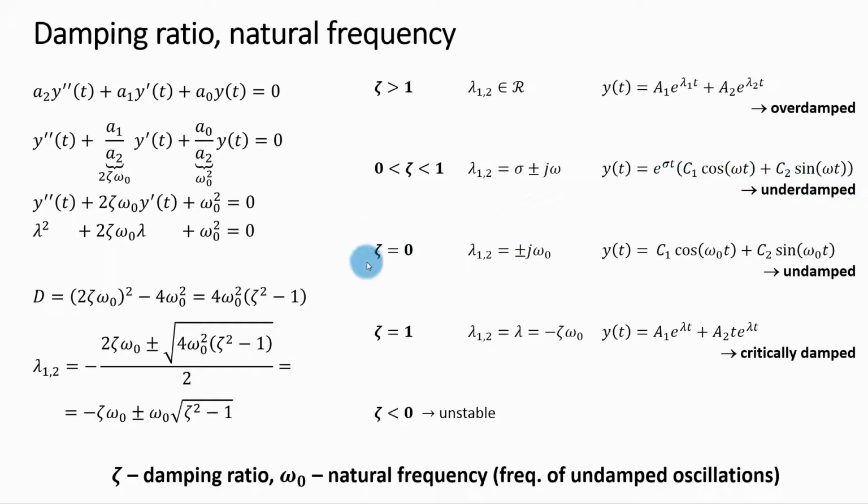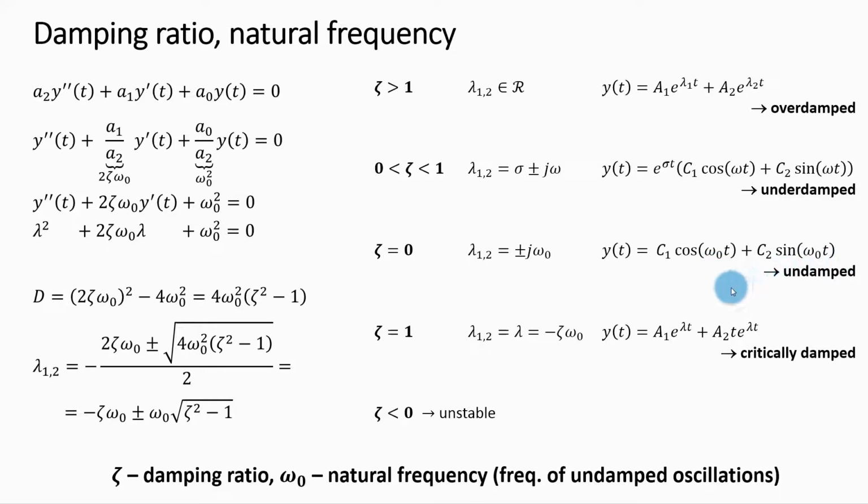Now, if your zeta is 0, the real part of your roots will be 0, and you will get purely imaginary roots equal to plus minus omega naught times j. In this case, your general solution is given by the sum of cosine and sine, and you have the undamped case.